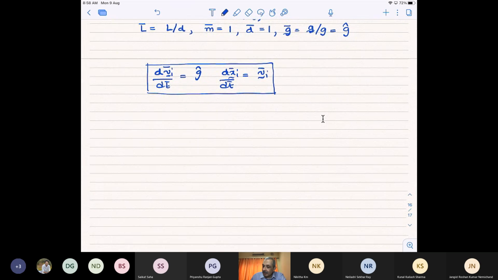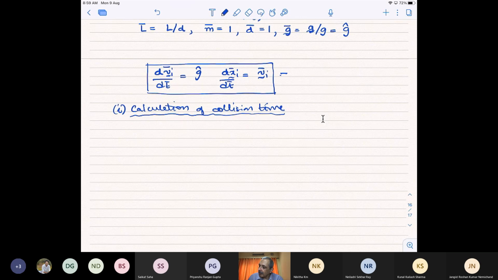So now how do we do the first step? Calculation of collision times. How do we do this? Well, we can easily integrate these two equations.